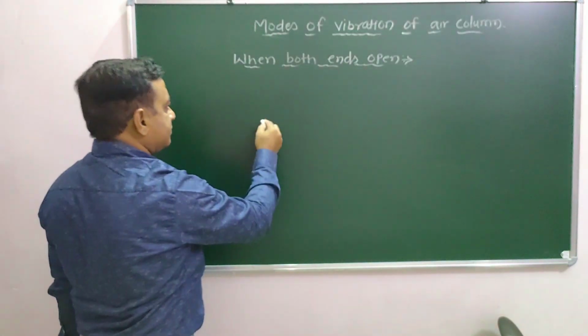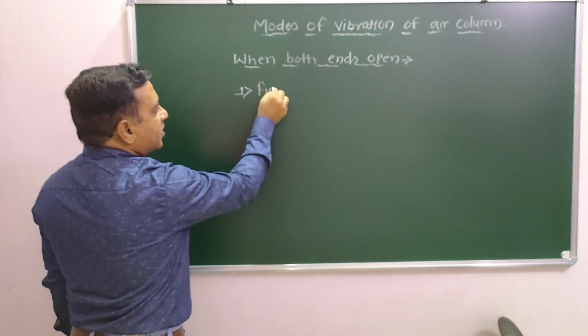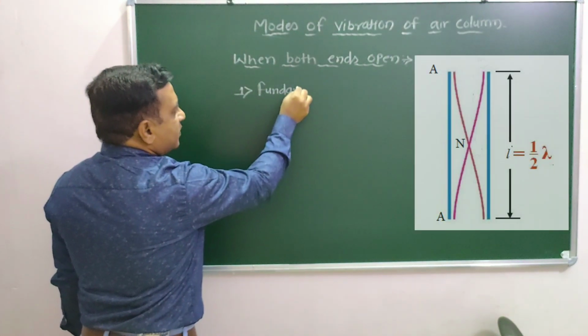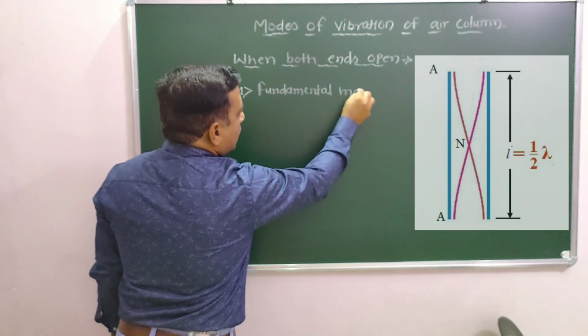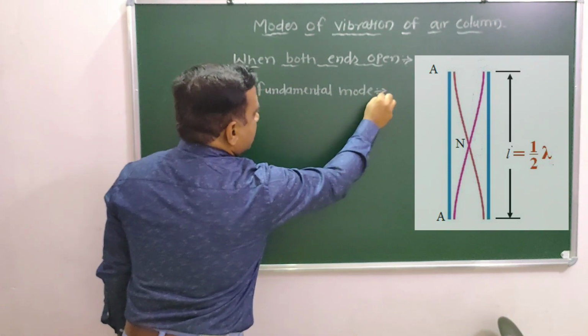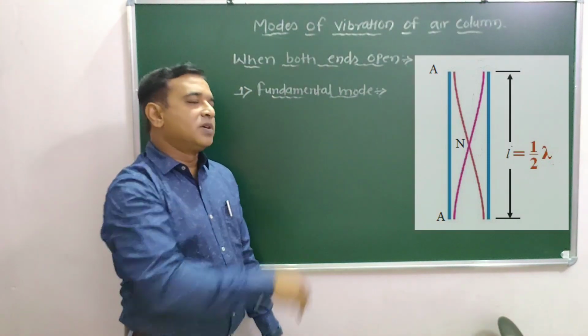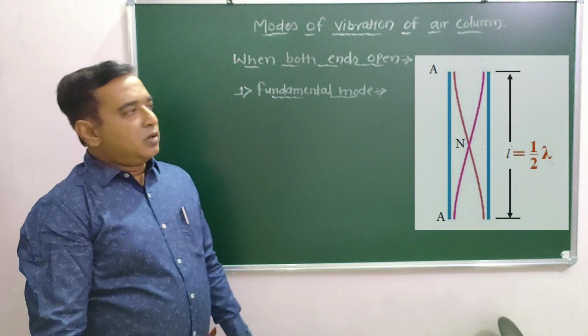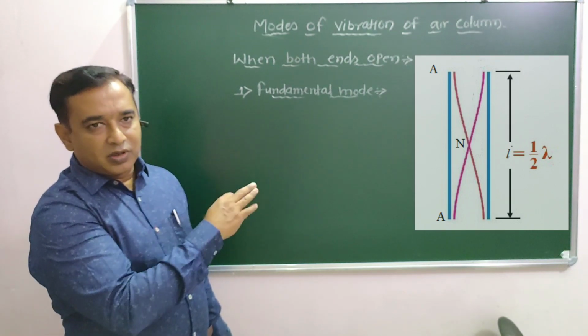In that one, the first mode that we are going to observe is the fundamental mode. Let us see the diagram. In this diagram, observe, we have the antinode at the top, at the open end. We have the node at the center.